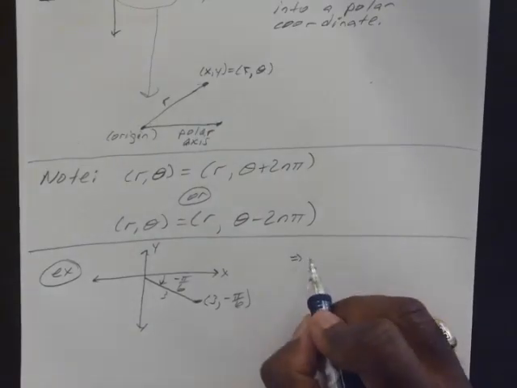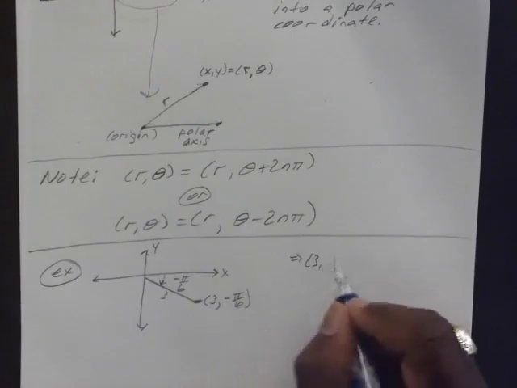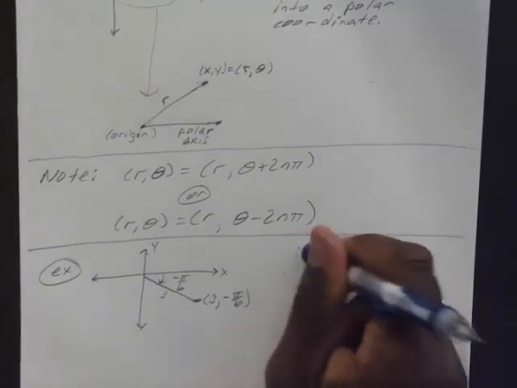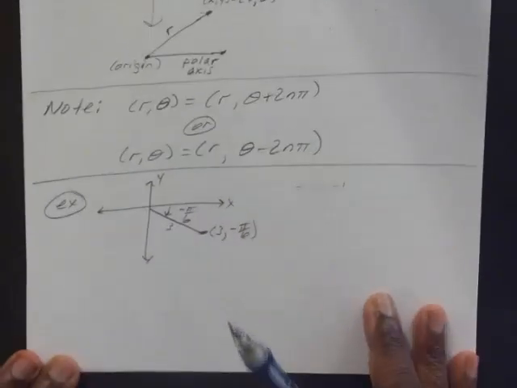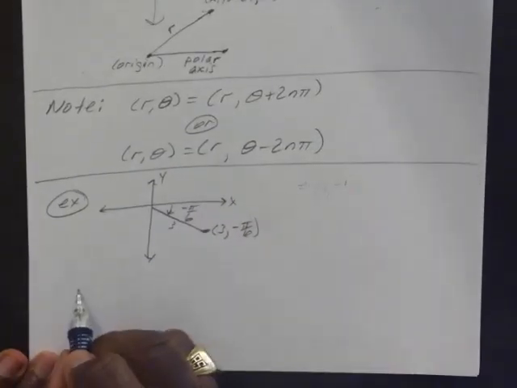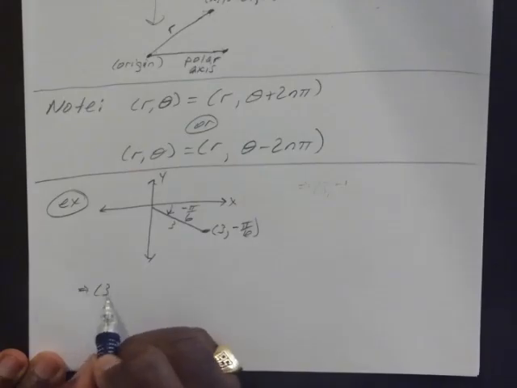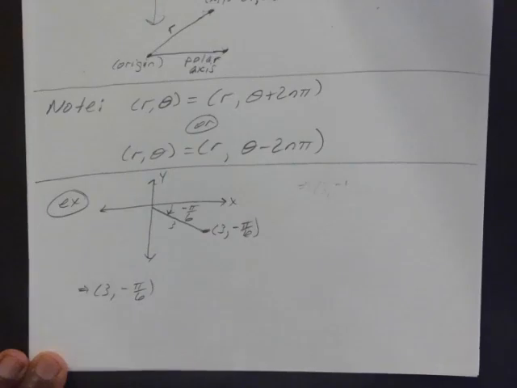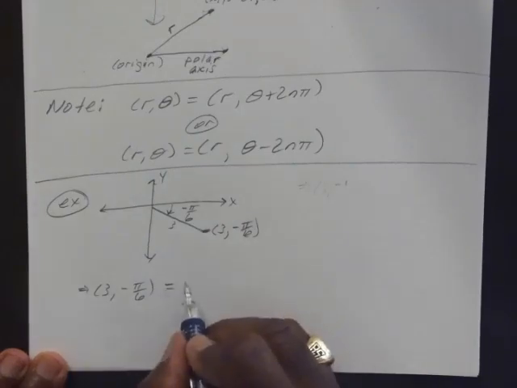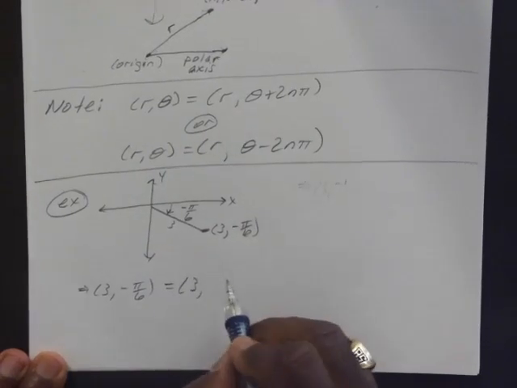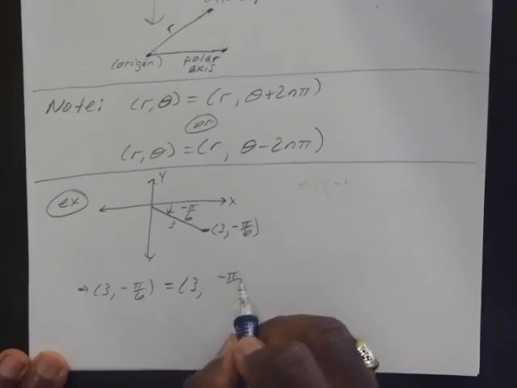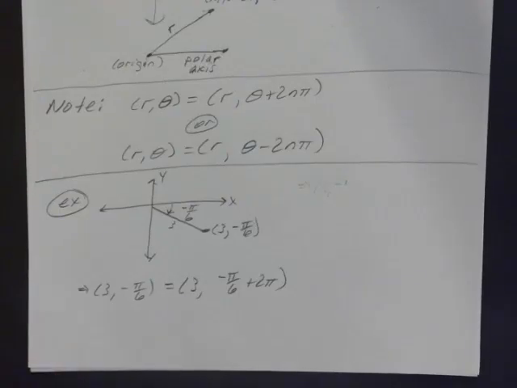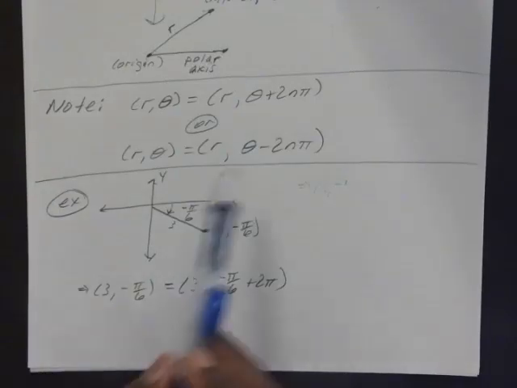We can get that point, that polar coordinate 3, negative pi over 6. Let me put it underneath just to make sure I don't run out of room. We can rewrite that as 3 and negative pi over 6 plus 2 pi, pretty much just making n equal 1.